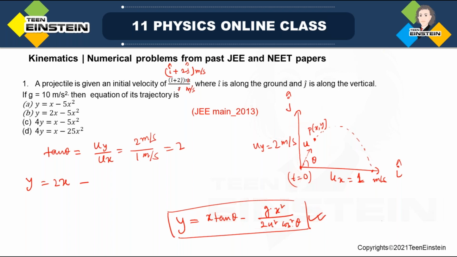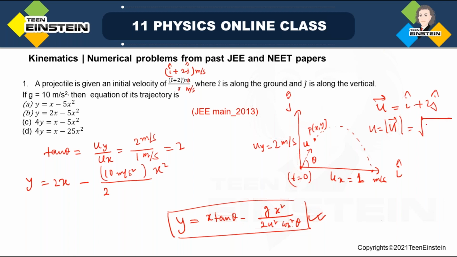Now let me see what is g. G is given as 10 meter per second square. And let me keep this x as it is. What is u? Look here, u will be the modulus of the velocity. If this is the velocity i cap plus 2 j cap, so modulus of this will be your u.